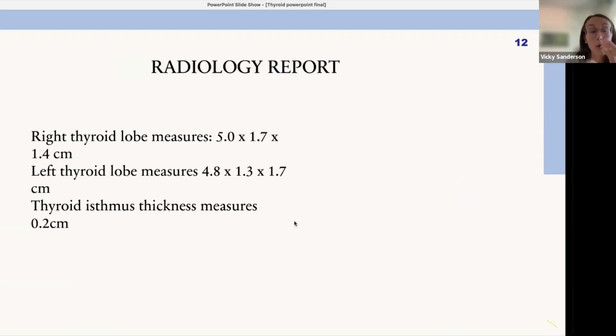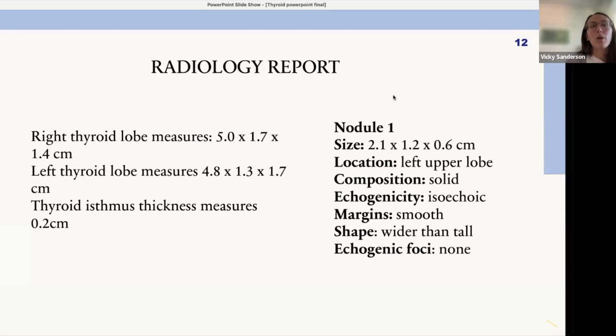A typical radiology report will comment on the size of the thyroid lobes, the thickness between the thyroid lobes, and then describe any nodule that's worth commenting on. What I mean by that is any nodule that is cystic or spongiform is automatically benign.